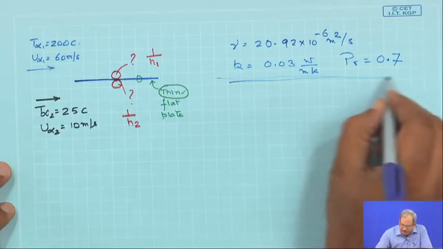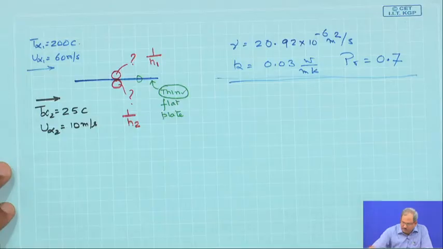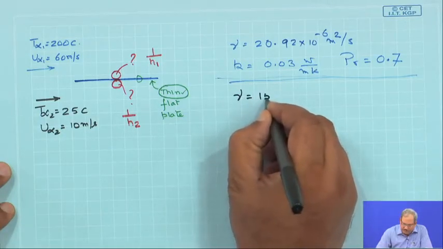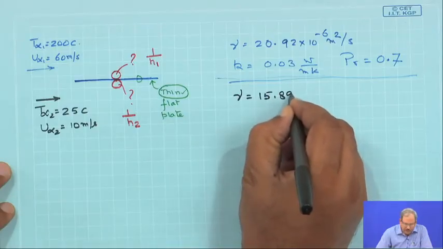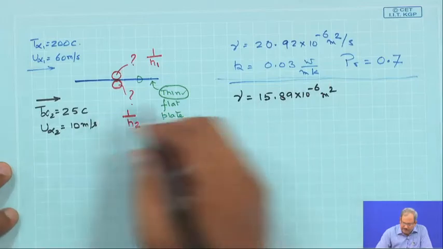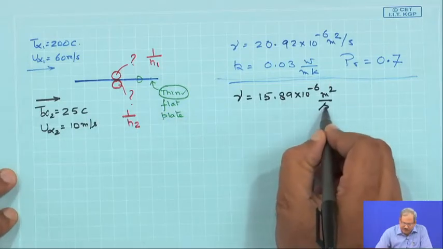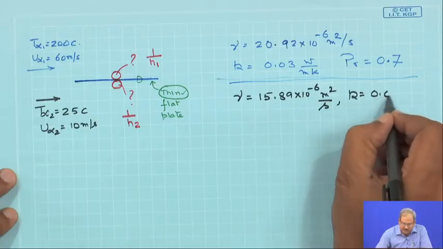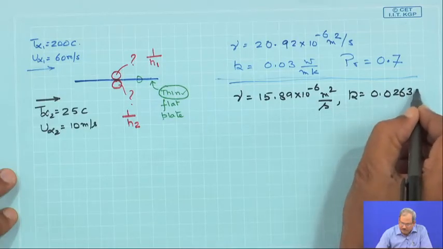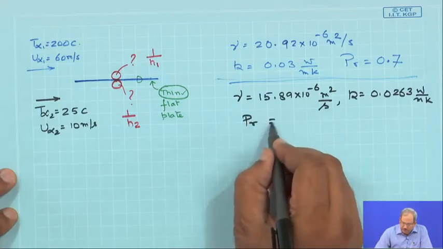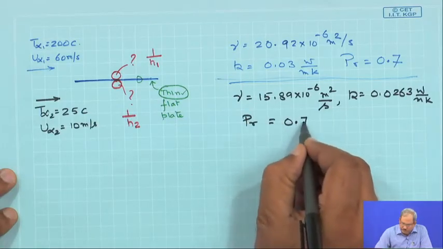So, this is for stream 1. For stream 2, it is at a different temperature, so its kinematic viscosity is definitely going to be different. The thermal conductivity is slightly different, in watt per meter Kelvin. The Prandtl number, though, will remain more or less the same.